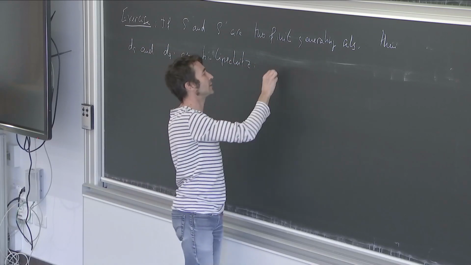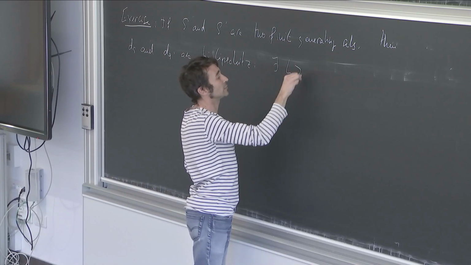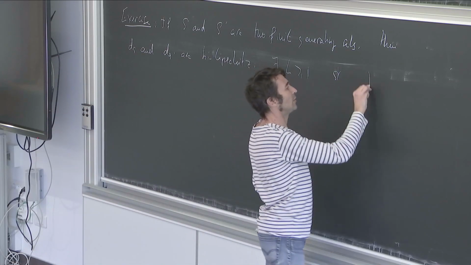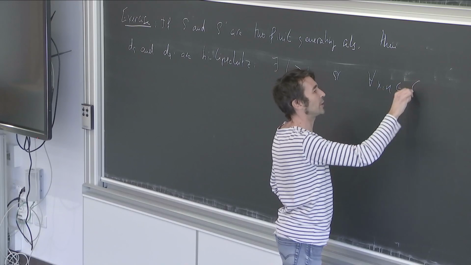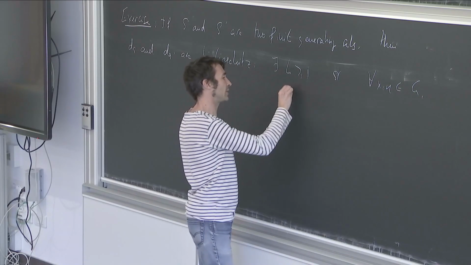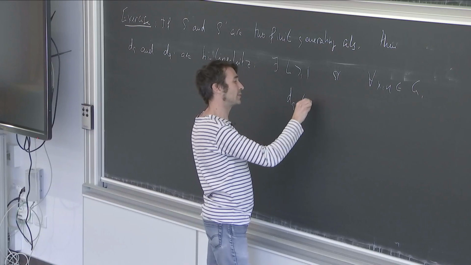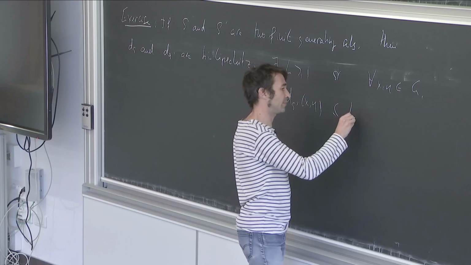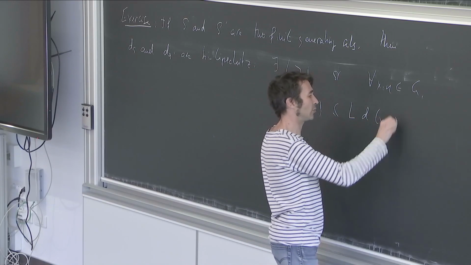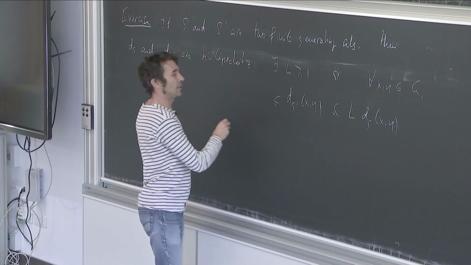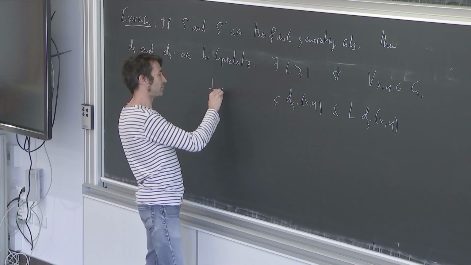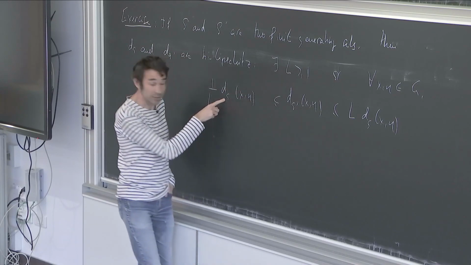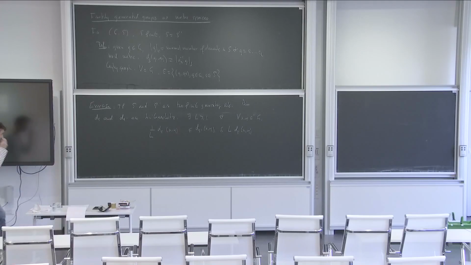This means that there is some constant L, at least one, such that for any elements x, y in my group G, the distance with respect to S' is bounded from above by L times the distance from x to y, and bounded from below by the distance from x to y with respect to the other generating set.